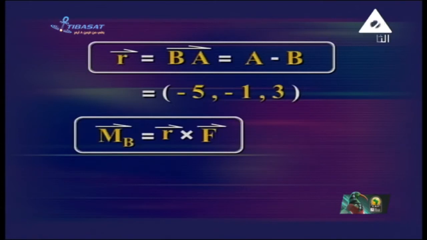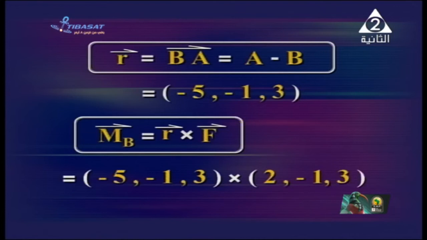My dear student, we know that the moment about B is R vector cross F vector, by using the determinant. Negative 5, negative 1, 3 are the coordinates of our vector. F vector 2, negative 1, 3, the components of the force F.